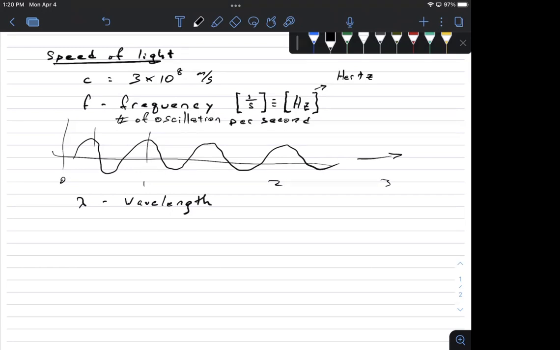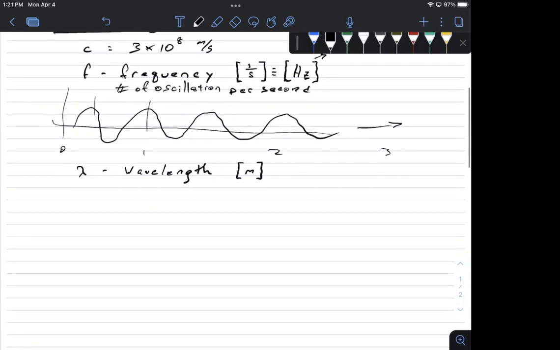Okay. So this is our third physical characteristic of a wave, the wavelength. The unit is, of course, meters, because we're talking about a length. How big is the wave? How long is the wave, let's say? And so it doesn't have a fancy unit. It's just meters, wavelength.